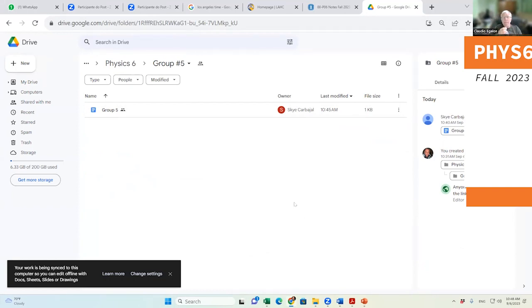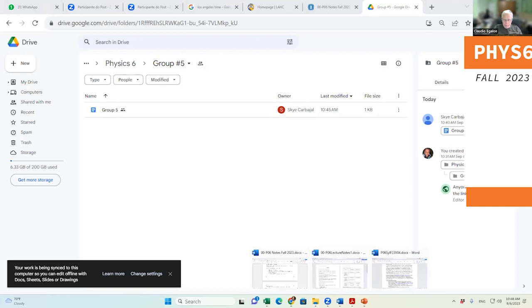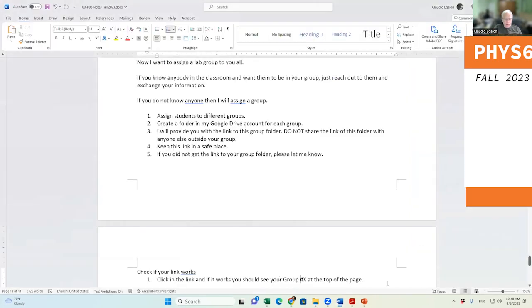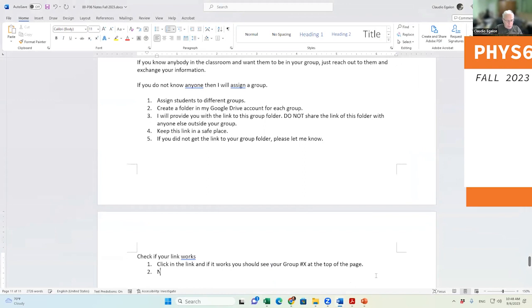The next exercise that we're going to do: upload a file from your own computer or laptop to your group folder. Upload any file from your own computer to your group folder.